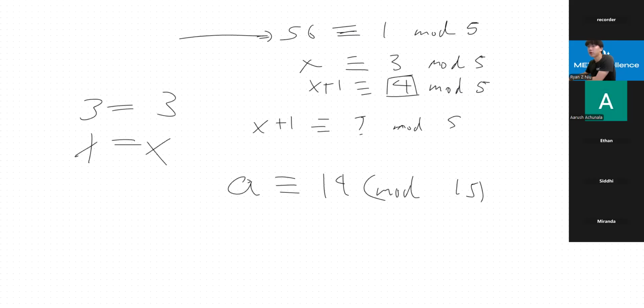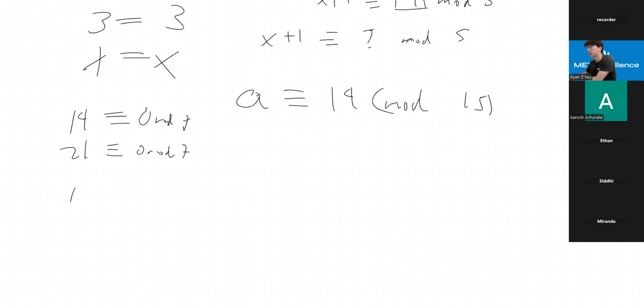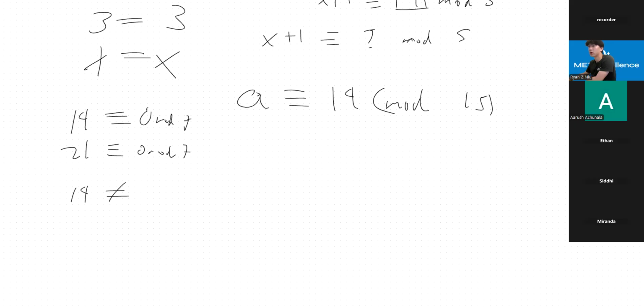But with 3 bars, we're sort of bending the rules a little bit. We could say 14 is the same as 0 mod 7, but we could also say 21 is the same as 0 mod 7. And clearly, 14 does not equal 21. So the idea is that we want a different set of equal signs than what we would normally use.